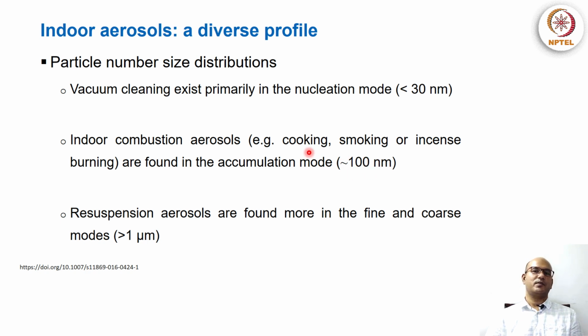And as we've seen in the previous figure, especially for cooking, the concentrations are not going down as rapidly because the particles are more in the accumulation mode. Then resuspension aerosols are more in the fine and coarse modes, but generally more than 1 micrometer in size.